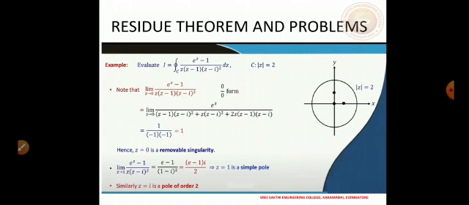So clearly z equal to 1 is a simple pole. Similarly, we can talk about z equal to i. In this case we have to multiply by (z minus i) whole square and then check the limit. So this is going to be a pole of order 2.